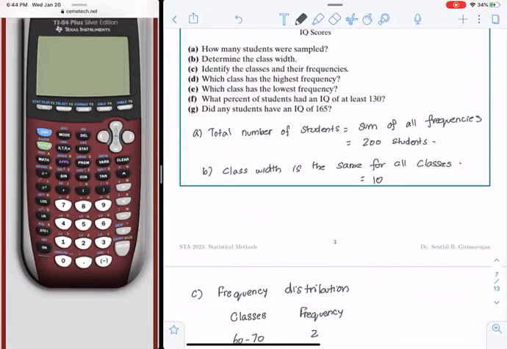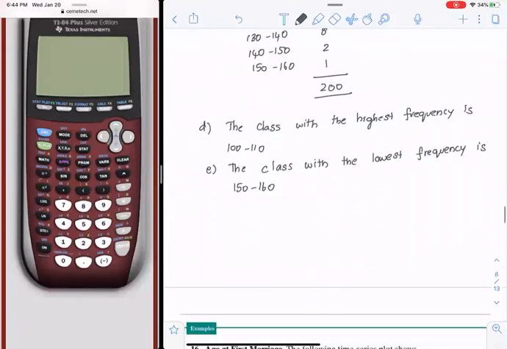Part F would like to know the percent of students who had an IQ of at least 130.